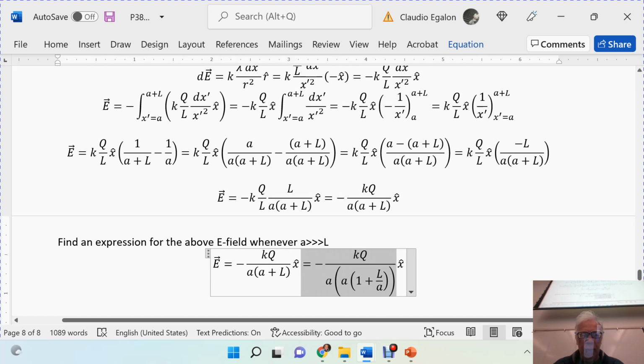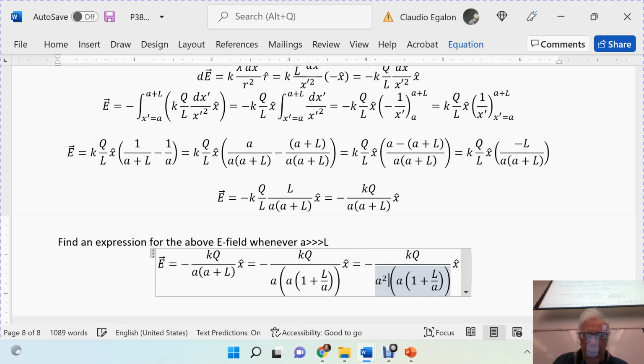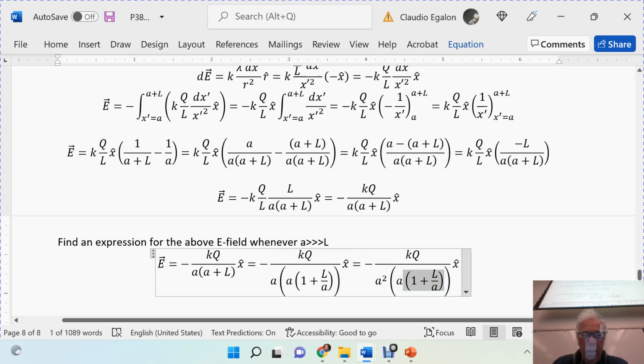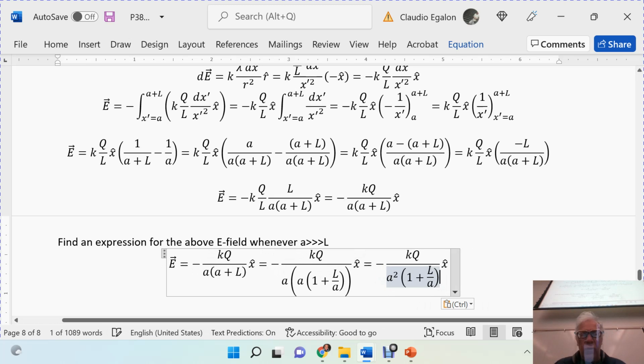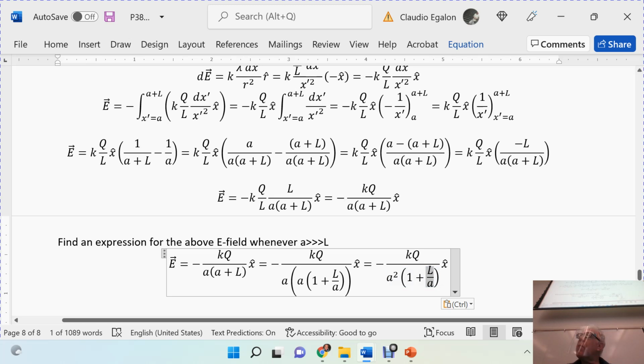That's the trick that we do whenever we have terms that are much greater than the others. I'm going to simplify the thing here. I'm going to factor out the A out there to simplify, right? Okay, if A is much greater than L, this term here can disappear, right?